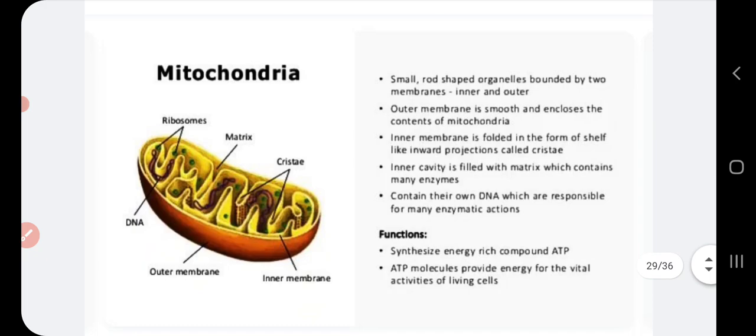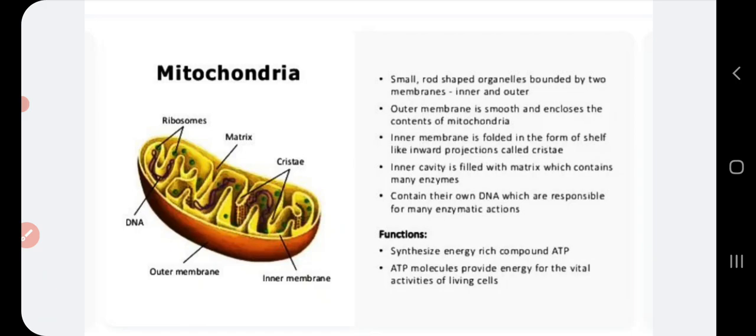Mitochondria. Mitochondria is the powerhouse of a cell, we can say in simple words. It provides electricity. An example I can give is how the electric machine provides electricity to our houses. So what is the electric machine?